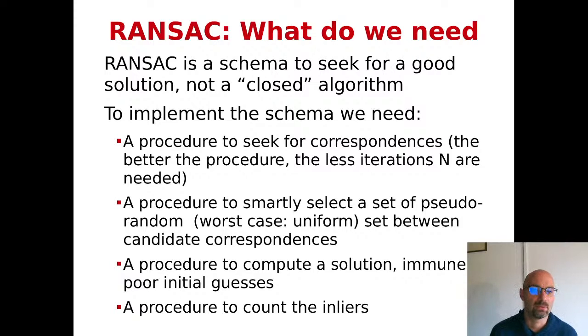Or in case you don't have these correspondences at all, you could use some nearest neighbor, match with the closest nearest neighbor, calculate the distance, and if the distance is too large, you say, okay, this is no inlier.